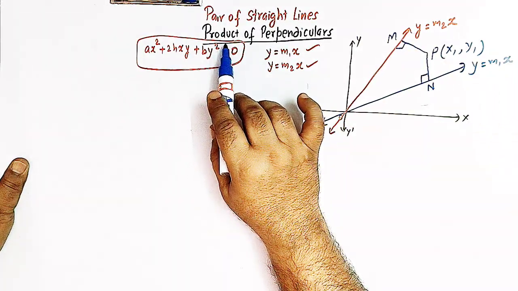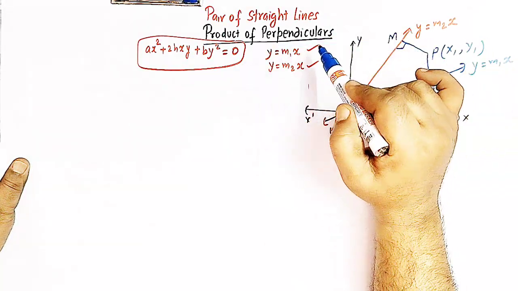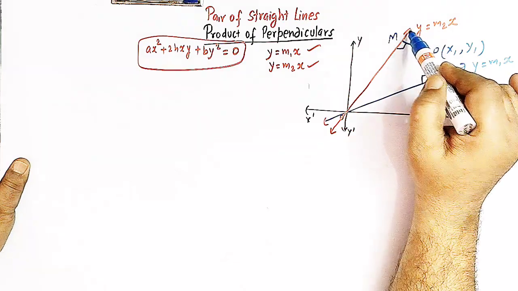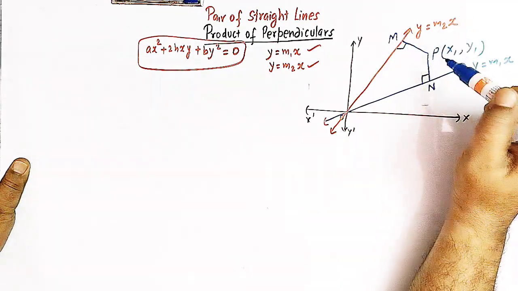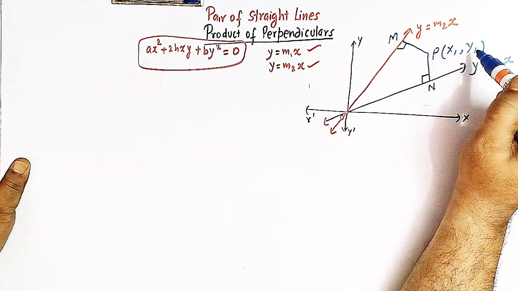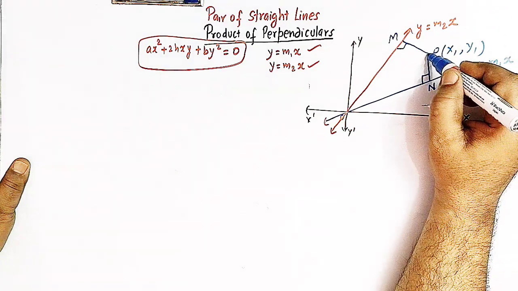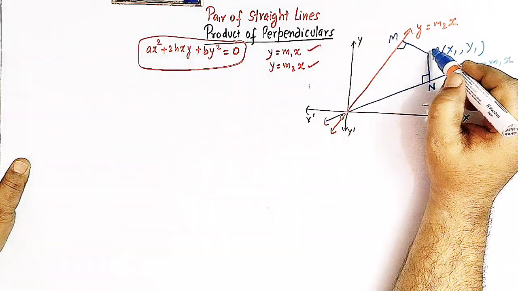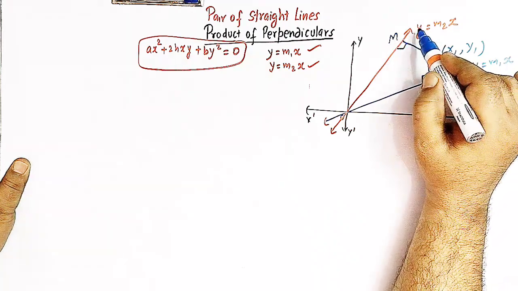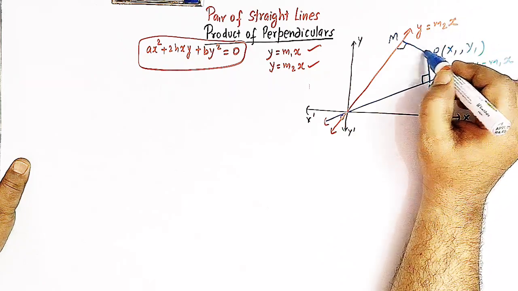So what we have to do here is find out the product of the perpendiculars which are drawn from this point P to these two lines. Here the length of the perpendicular from this point P, x1 y1, to the first line, that is y is equal to m1x, is given by PN. And the length of the perpendicular from this point P to the second line, y is equal to m2x, is PM.